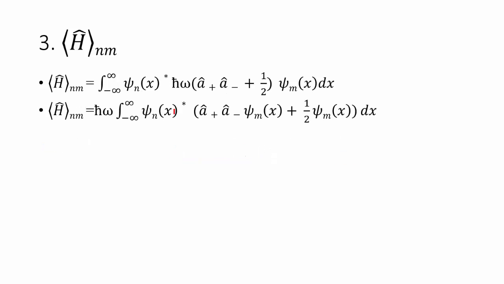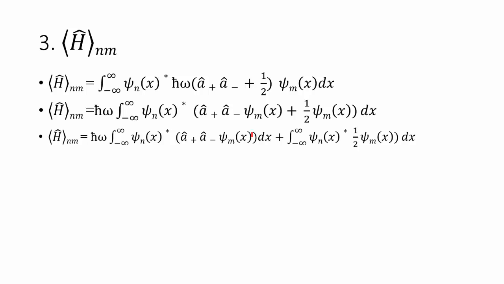We do a simple algebra taking the h bar times ω part to the front, and we can distribute ψ_n into the sum, and we have a+ times a− operating on ψ_n, and 1 over 2 times ψ_n.